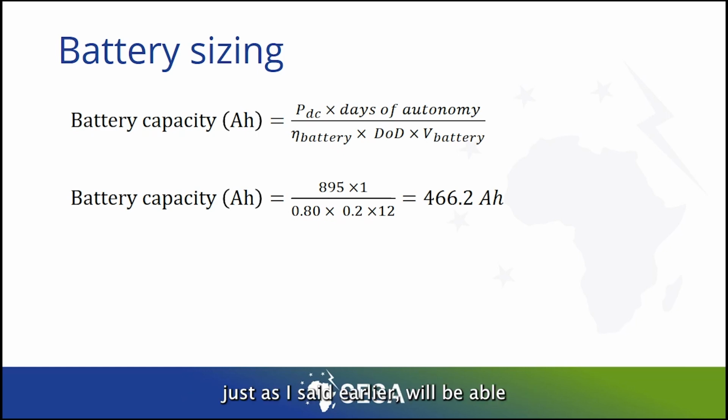This, as I said earlier, will account for cloudy days. Then we need to know the efficiency of the battery and the depth of discharge. Usually for deep cycle batteries, 20% is the minimum depth of charge. Then the battery voltage of the system.